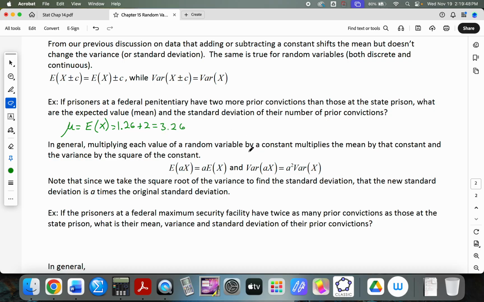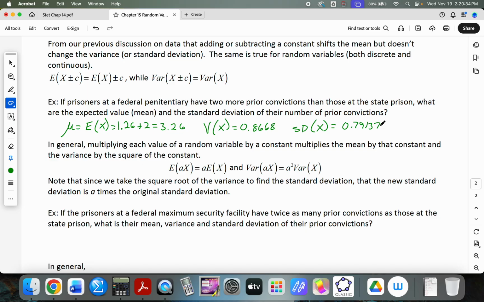And that was X. The variance of X stays the same, as does the standard deviation. So that's if we just add something. If you're just adding, you're just taking all of the data and moving it, right? You're not changing how it's spread out in any way, are you?